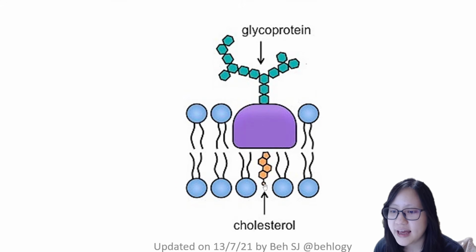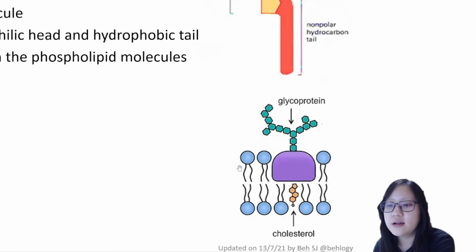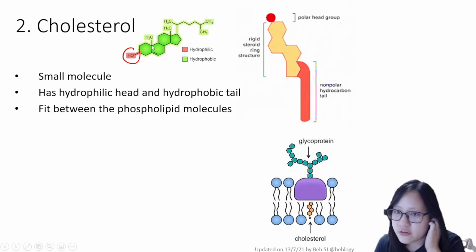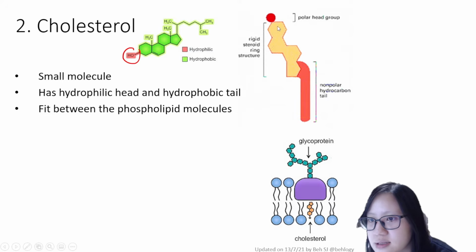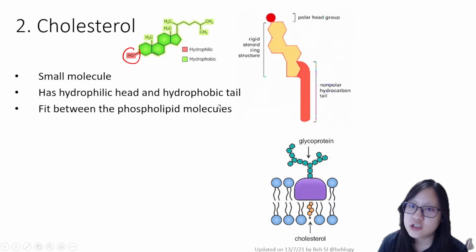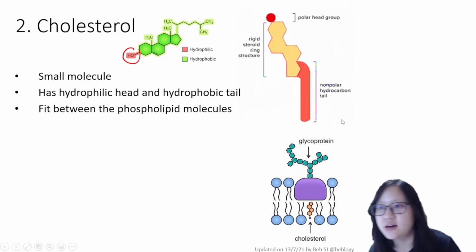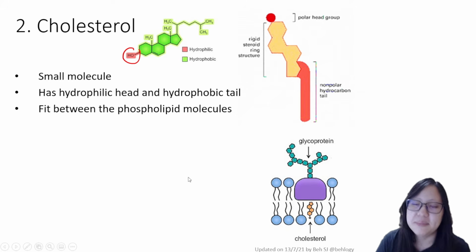The hydrophilic head of the phospholipid is interacting with the hydrophilic head of the cholesterol, and the tails are interacting with each other. The tail is made out of this four-ring steroid structure, which you do not need to know in detail. Just need to know it looks something like that.